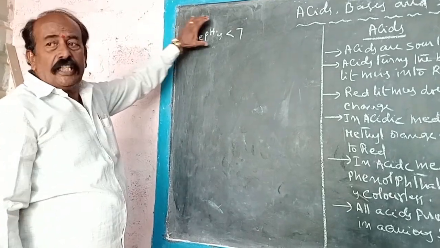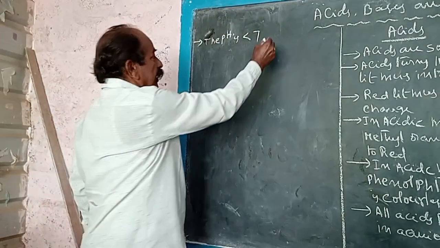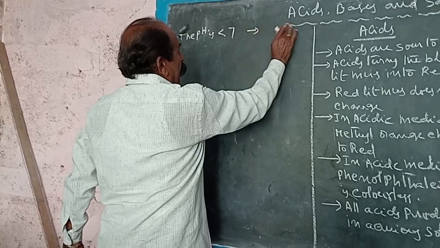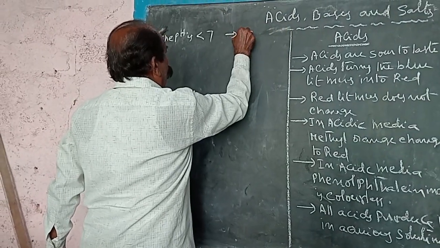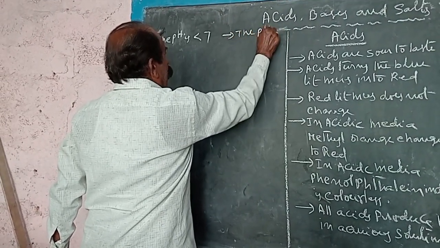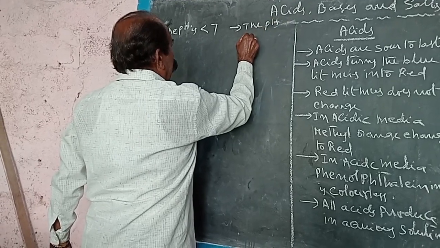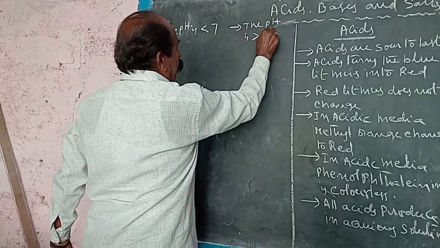The acid's pH value is less than 7. In the case of bases, the pH value is greater than 7.